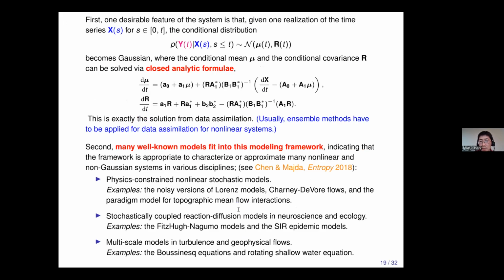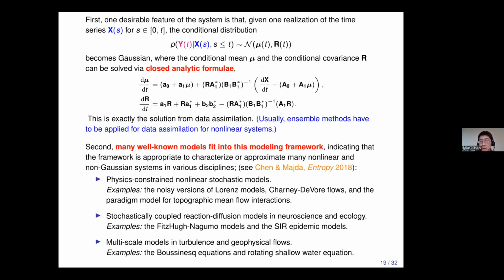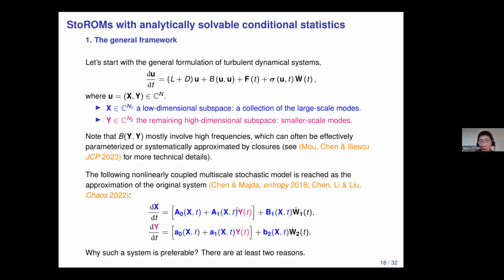Because of this conditionally linear feature of Y, the statistics of Y given X will be a Gaussian distribution. The marginal distribution of Y will not be Gaussian because the Y equation is nonlinear. But if X is given, then everything is a linear function of Y. That's why this conditional distribution is a Gaussian distribution.